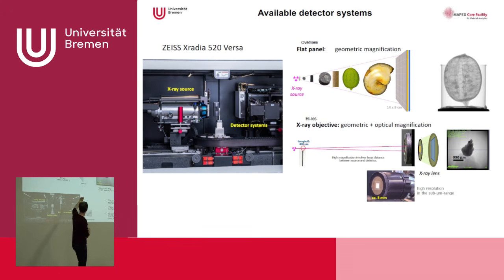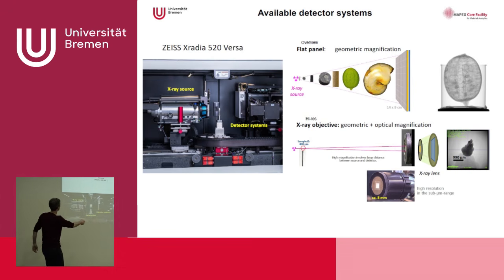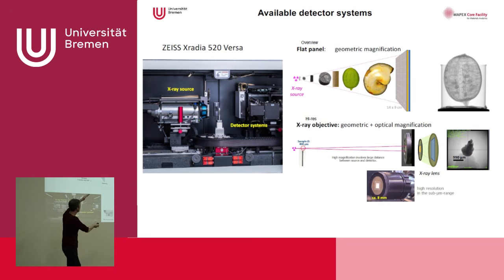But if you have a smaller sample, like a foraminifera or some other component from technical stuff, you can put it very close to the X-rays, and if it's very close to the X-rays, it has a high magnification. So that's the thing. Small samples can be highly magnified. Large samples, not so much.